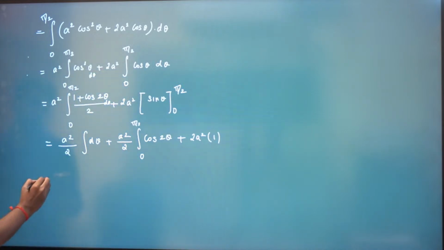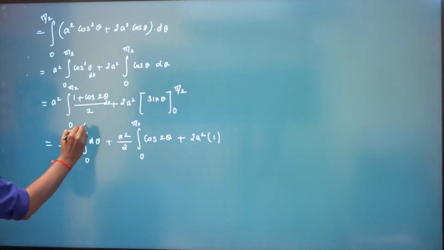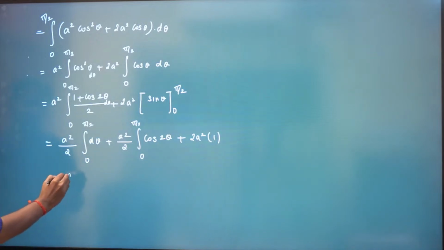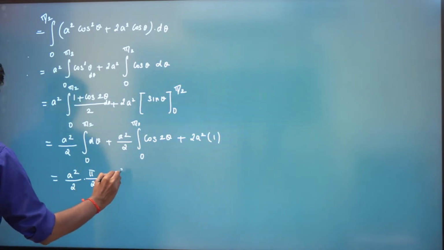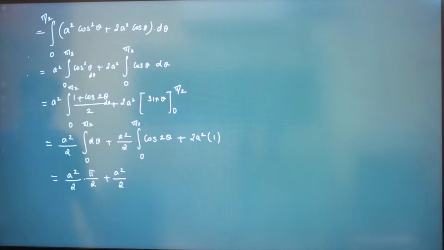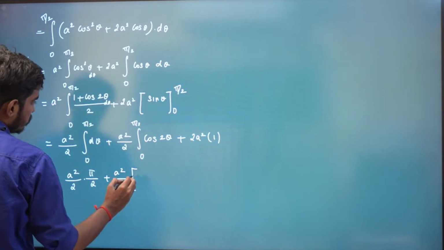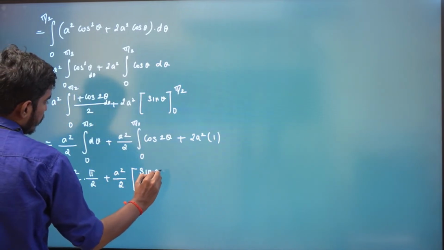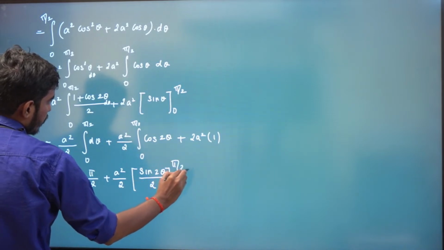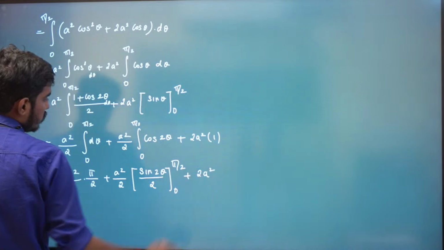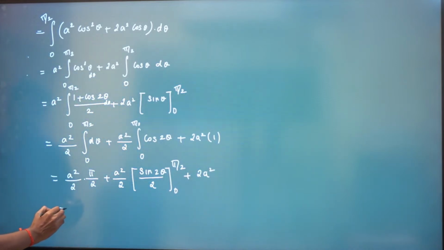So we have a square by 2 times pi by 2, and then here a square by 2 times the integration of cos 2 theta, from 0 to pi by 2, plus 2a square. So this will be pi a square by 4.